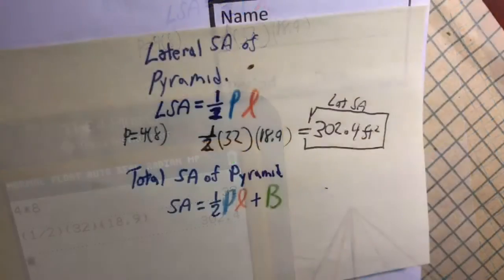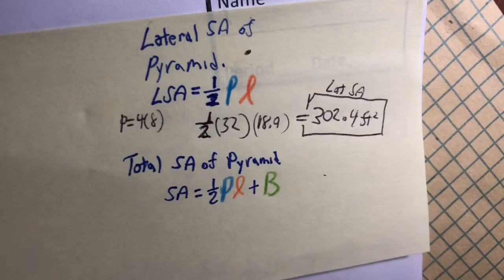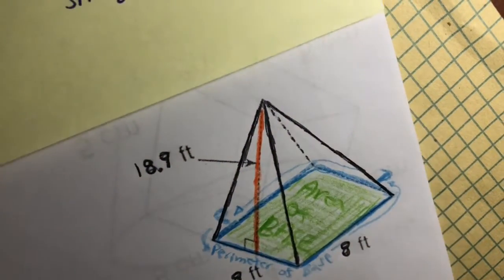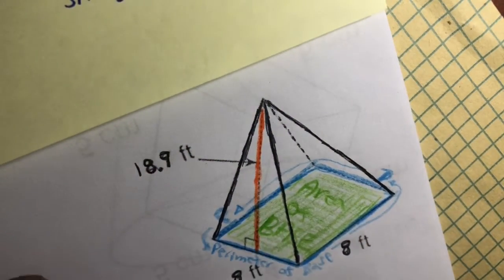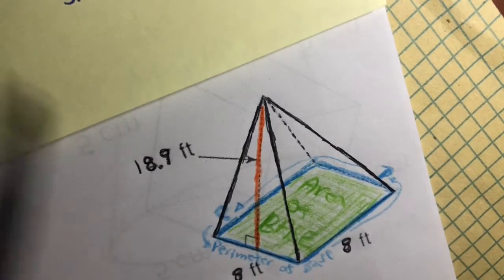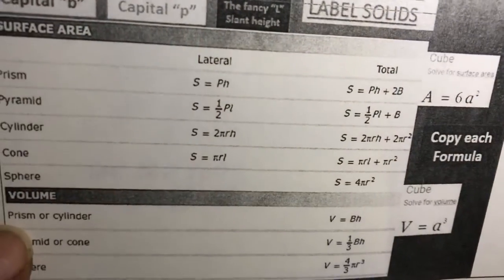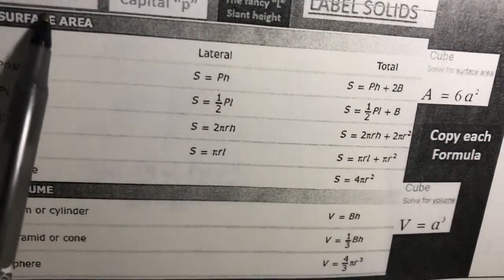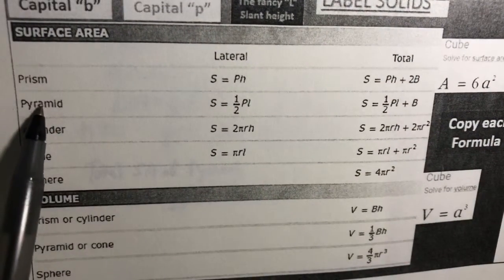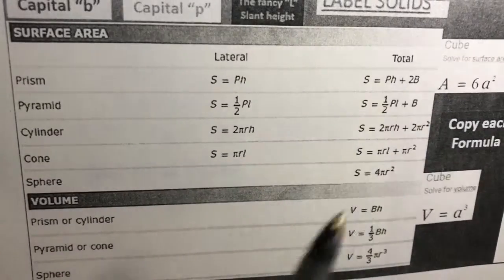All right. Okay, so now we're going to do the total surface area of the pyramid. Once again, there's my pyramid, area of the base, perimeter of the base, slant height, all that stuff is labeled. So you find the formula on the formula chart: surface area, pyramid, total surface area.